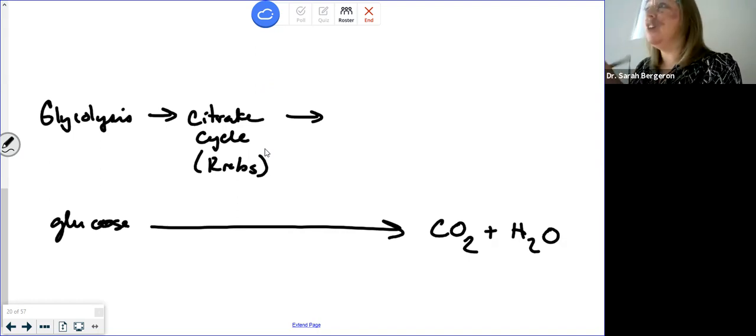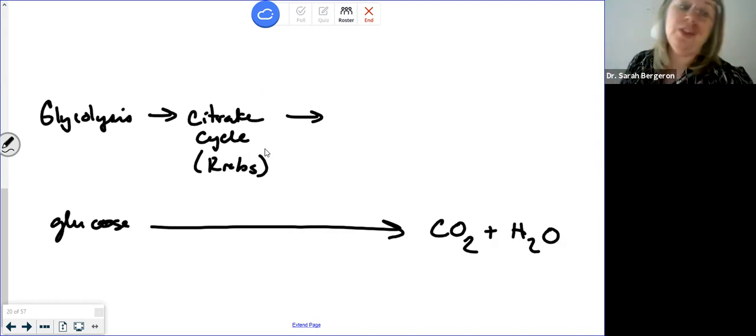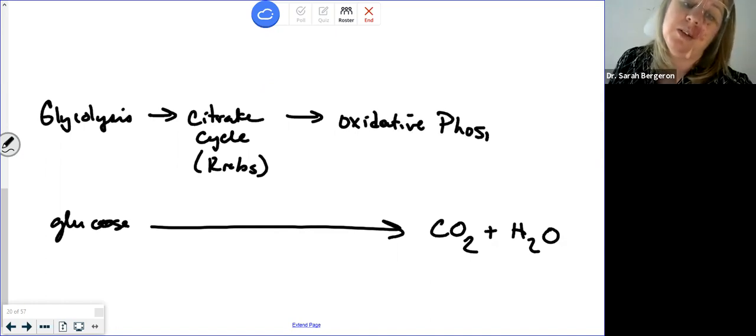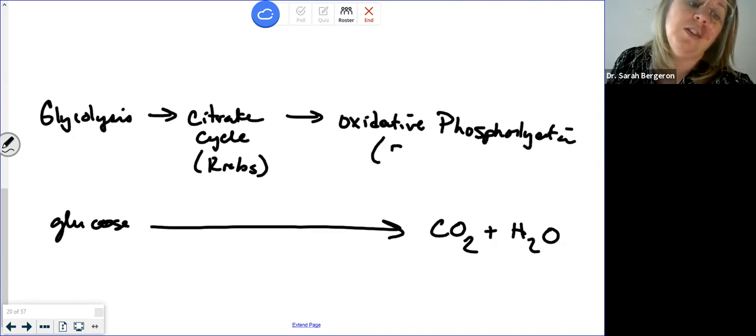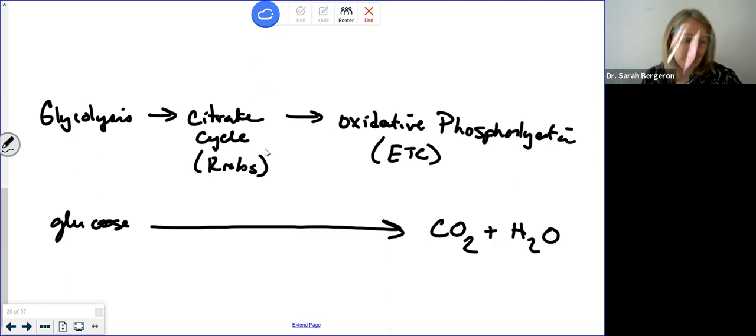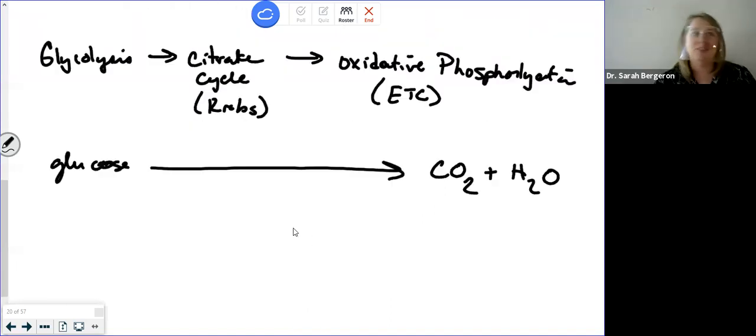Electron transport chain, but we call that whole thing oxidative phosphorylation. Y'all called it the ETC, right? Electron transport chain. So that's where we want to go between now and the end of the semester. That's our plan for the end of the semester.